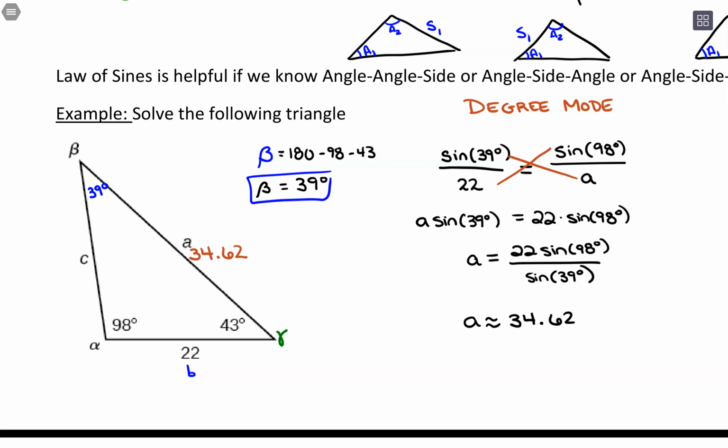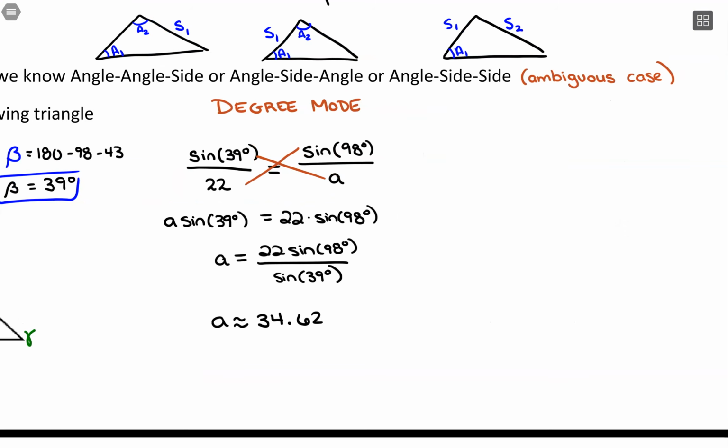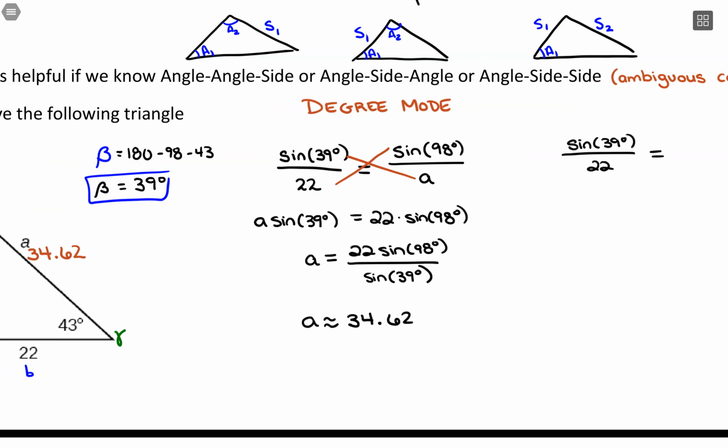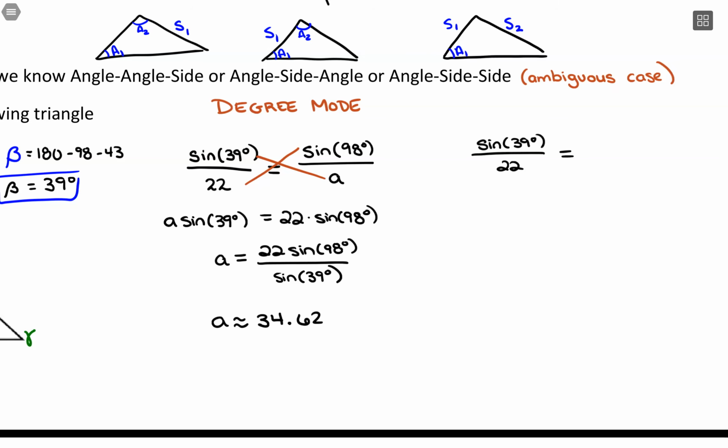With that, we have to go and do this all again. But instead of working with A and alpha, now we're going to be working with C and gamma. So I'm going to take that same kind of ratio that I set up there. So that's sine of 39 degrees over 22 equals, but now I'm going to use C and gamma, which gamma was 43 degrees.